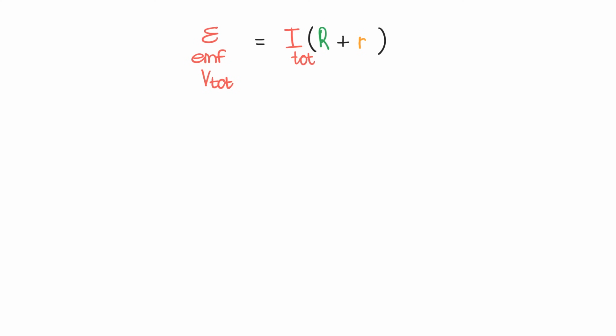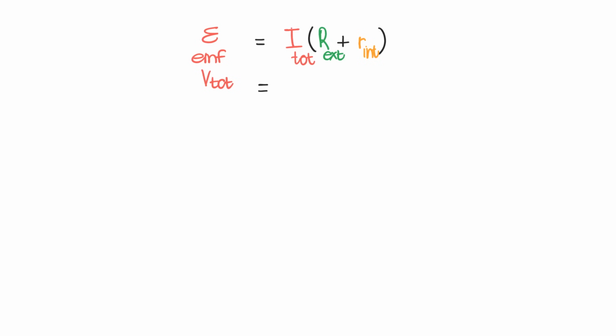Then there is a capital R and a small r. The capital R refers to all the external resistors, resistance added together, and the small r refers to the internal resistance. Of course, it would be possible to multiply the I, which is outside the brackets, into the brackets.